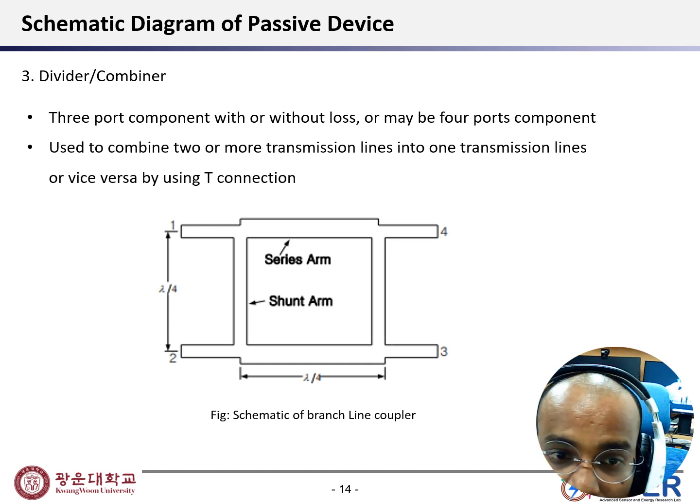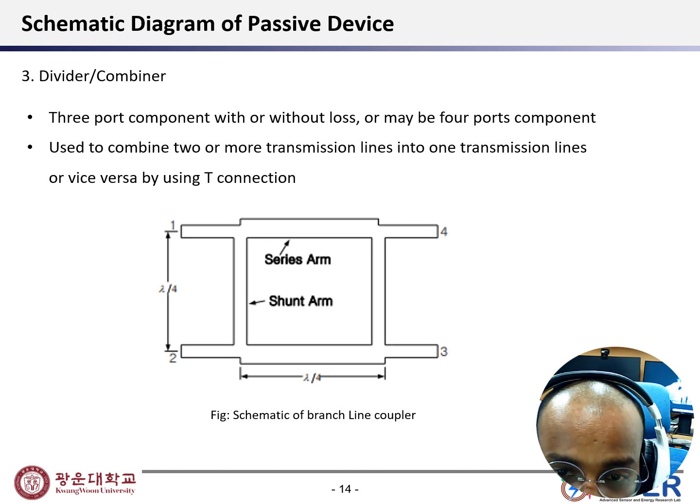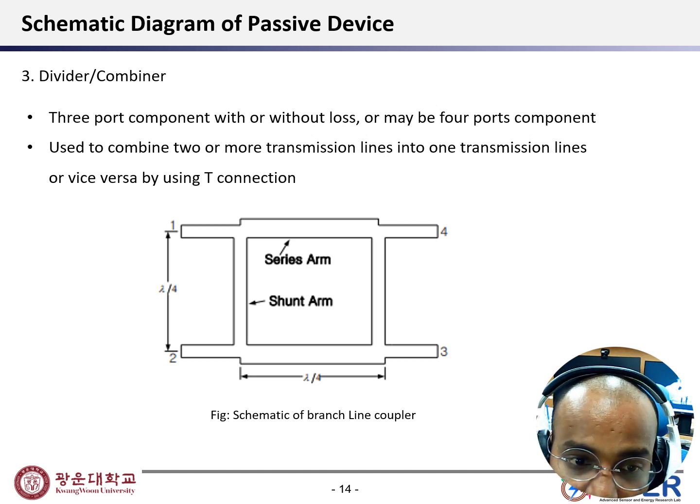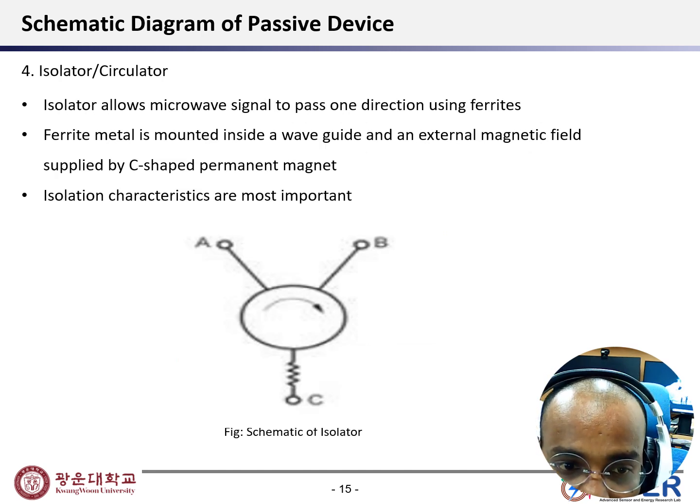Now, the third type of passive device is the divider and combiner. They are three-part components with or without loss, and sometimes we can see four-part components. Another type of passive device is the isolator and the circulator.